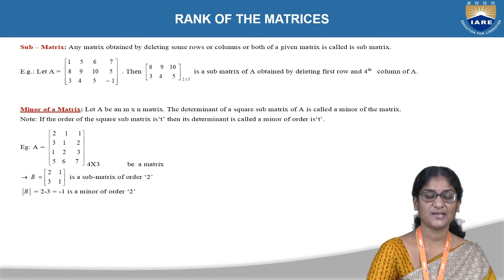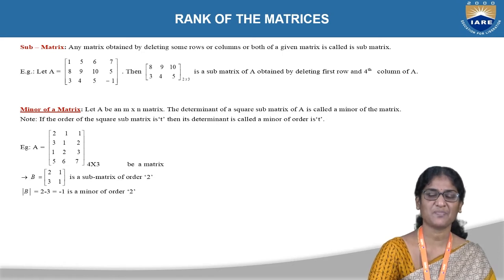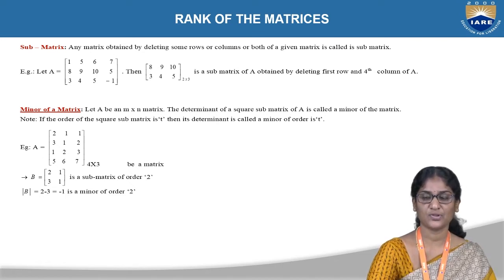If I delete, then I get 8, 9, 10, 3, 4, 5, which is a 2 into 3 matrix, called a submatrix of the given matrix. Like this, we can form any number of submatrices for the given matrix. This matrix is obtained by deleting the first row and the 4th column.